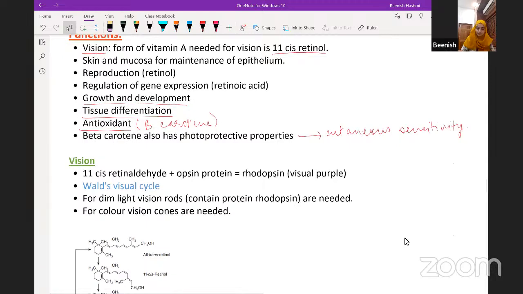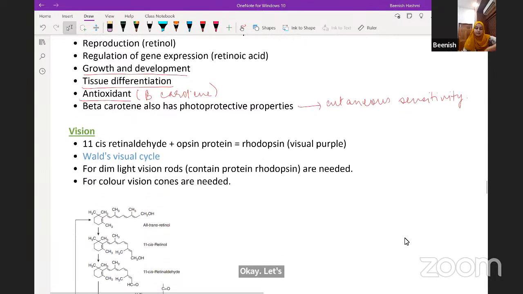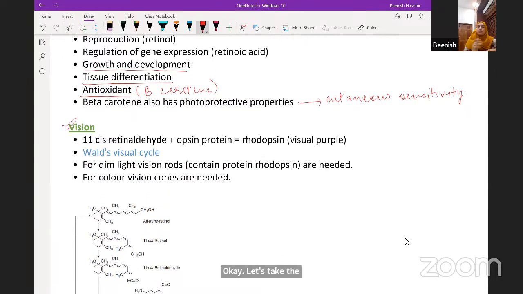Okay, let's take the function vision, that is, how vitamin A is involved in vision. 11 cis retinaldehyde combines with opsin protein to form what is known as rhodopsin. This is the Wald's visual cycle.